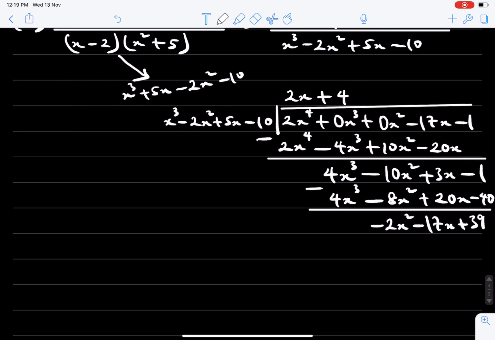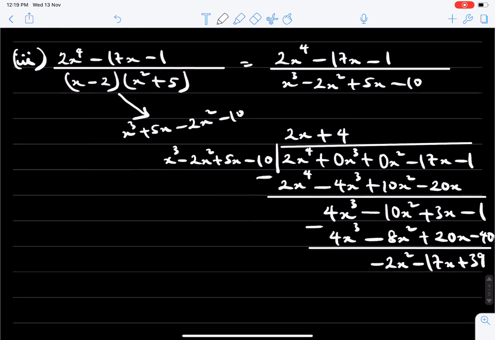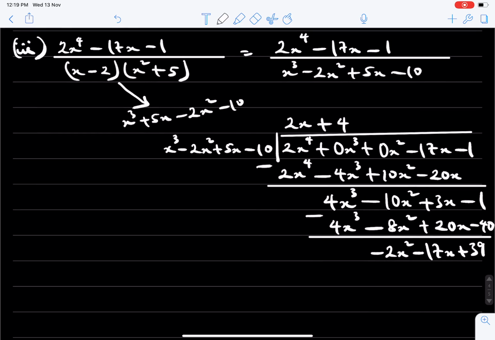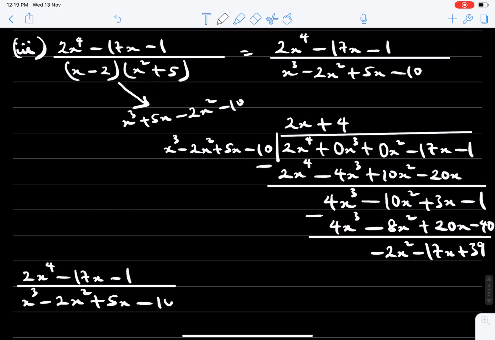So we can divide further, and that means the fraction 2x to the power 4 minus 17x minus 1 divided by x to the power 3 minus 2x squared plus 5x minus 10 is the same as usual.